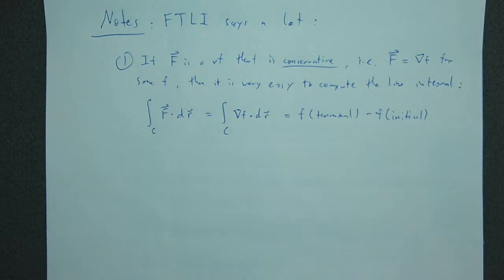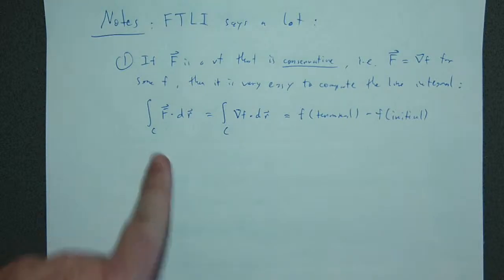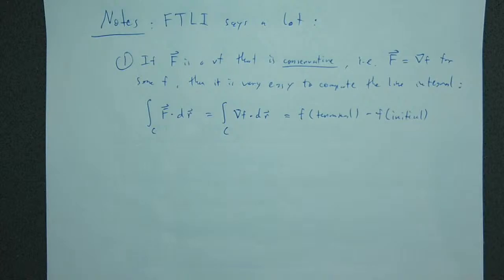So if you have this little f in front of you, clearly this is way easier to do than actually computing the line integral if you do it the long way. A good way to check, if you wanted to practice line integrals, you could come up with a function little f, take its gradient, that gives you a vector field, and then come up with some parameterization for a curve.